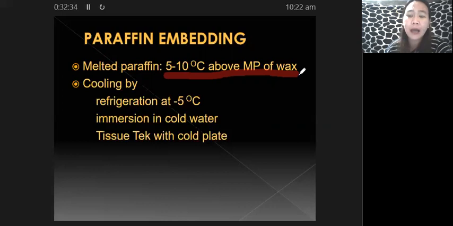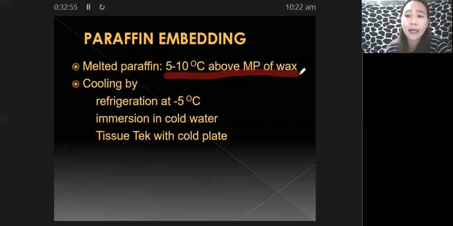Ma'am, bakit higher? Di ba, ma'am, we don't want it to be exposed to greater than 60? Yes, tama ka. But remember, infiltration takes a longer time as compared to embedding.